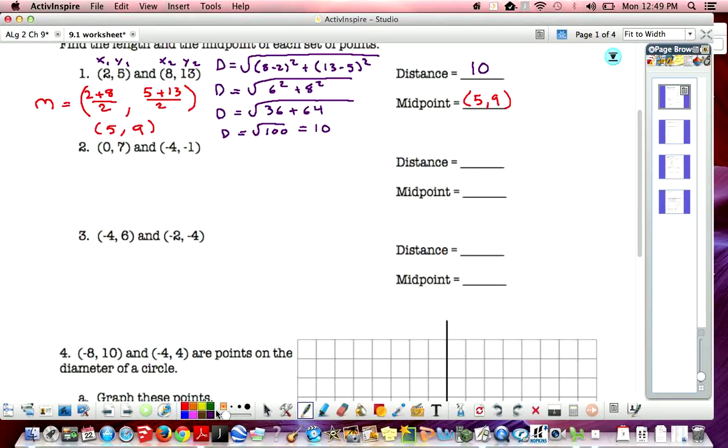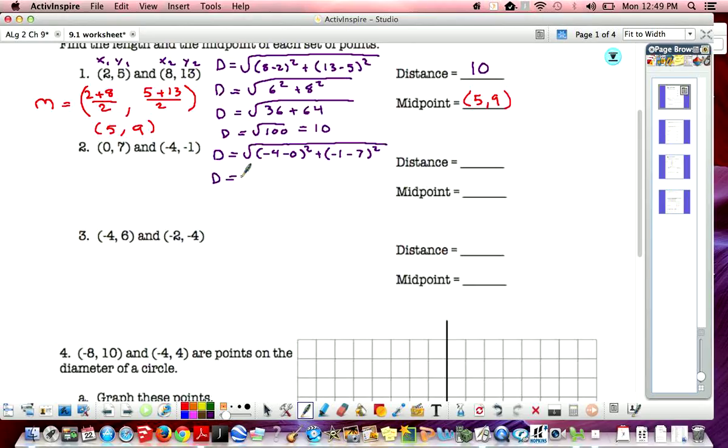First thing I want to do is find my distance formula. So my distance is equal to the square root. I do x2 minus x1, so negative 4 minus 0 quantity squared plus negative 1 minus 7 quantity squared.